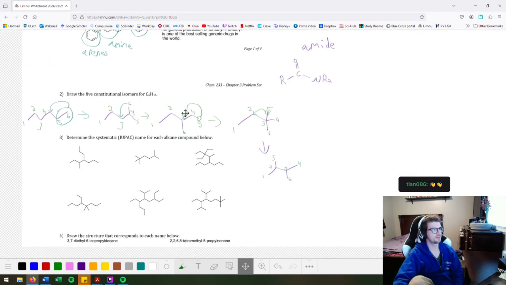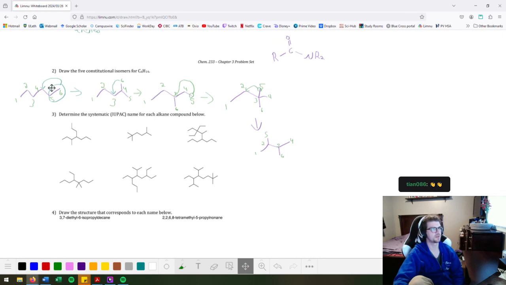Then we talked about drawing different constitutional isomers and rearranging the structures so as to not repeat structures and end up thinking you've got more than you do. A big part of that is numbering the atoms, because it helps so much to keep things straight, since it's very easy to get lost when all you're looking at is a bunch of lines that go off into nowhere.